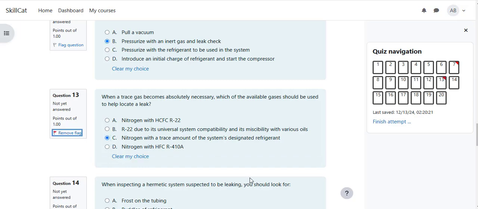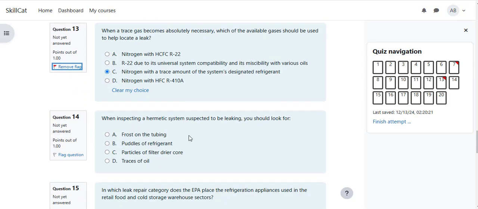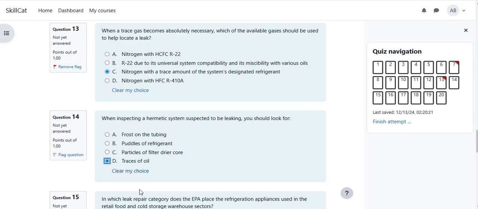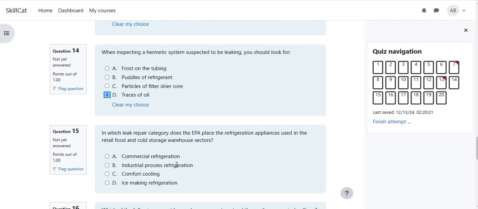I think this one, I'm not sure of this one. When inspecting a hermetic system suspected to be leaking, you should look for frost on the tubing, puddles of refrigerant, particle of filter dryer core, traces of oil for leaking.